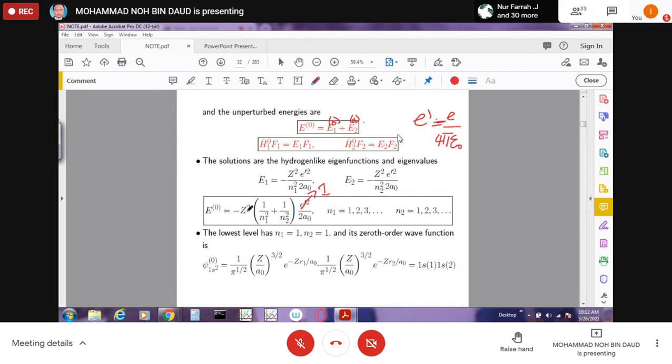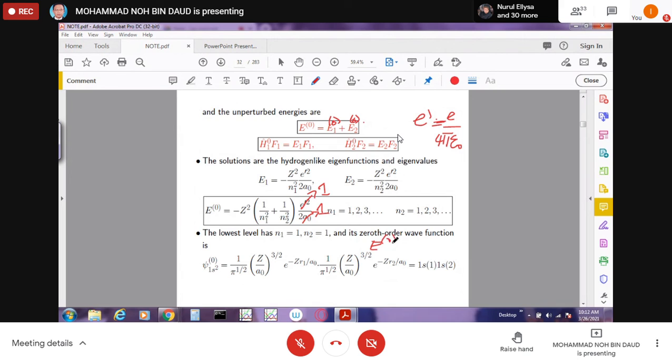Also the Bohr radius in atomic units for length is 1.